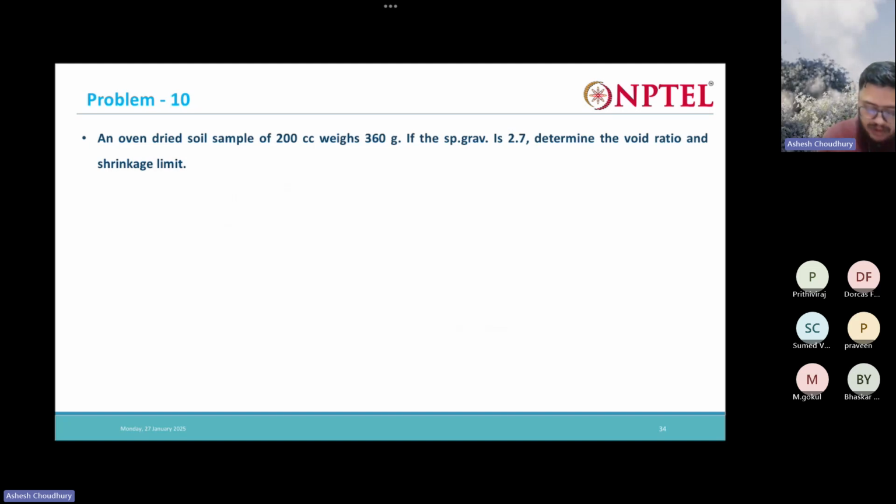An oven-dried soil sample of 200 cc weighs 360 grams. If the specific gravity is 2.7, determine the void ratio and shrinkage limit. So I will do that. Oven-dried sample, so dry volume is 200 cc, weight of soil solids is 360 grams, Gs is 2.7.